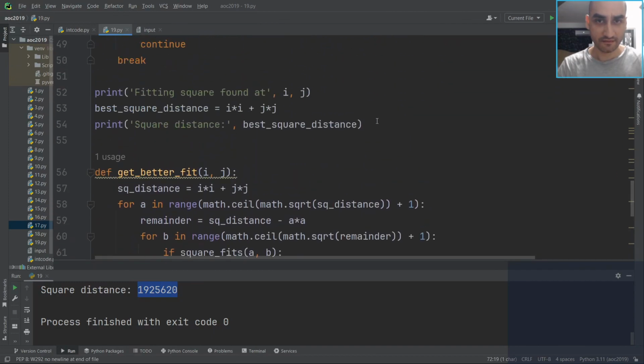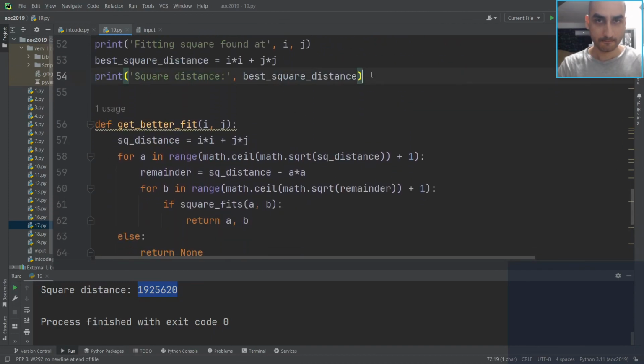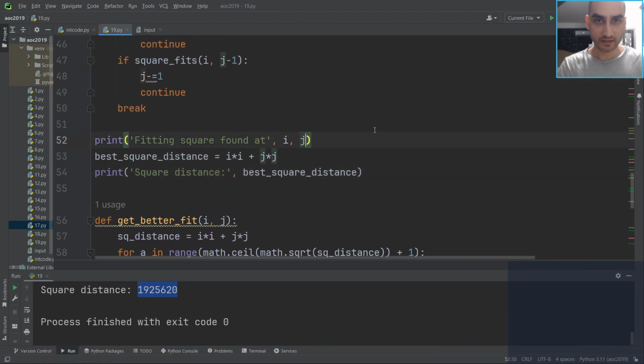Okay, so we found a fit. So fitting square found, with square distance. Let's just have a sense for how fast this is decreasing.